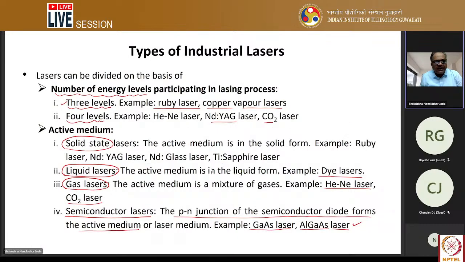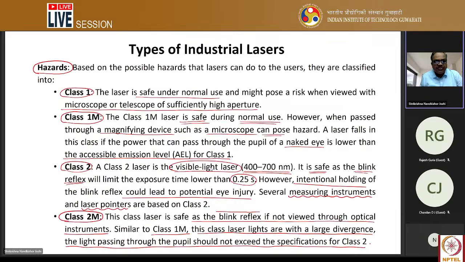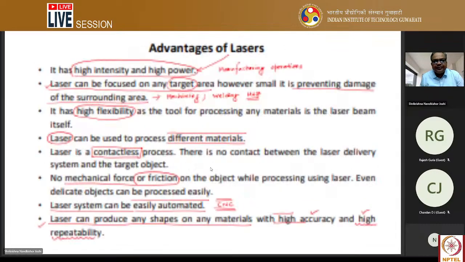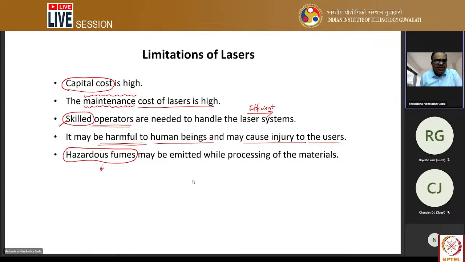Then various types of industrial lasers, their classification based upon labels, active medium, output, whether it is a continuous or pulse mode, wavelength, and the industrial lasers based upon the safety or hazards. In detail, we also looked at the advantages of lasers. There are limitations because laser technology also has a limitation of low efficiency, and how to solve these problems.